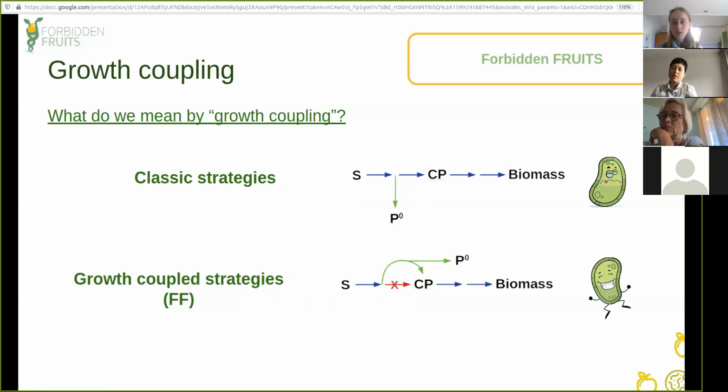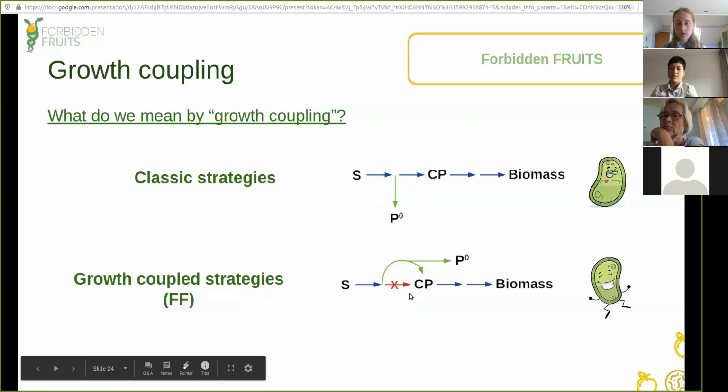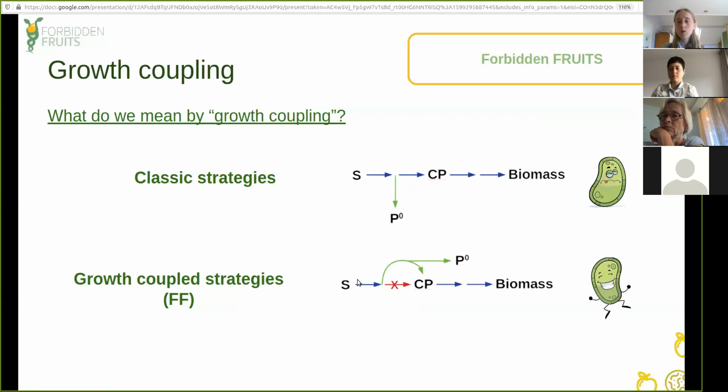Like if that's one pathway, like here, in the red arrow, we remove this red arrow, so the only way to make more of himself is also making the product. We force it. It can't take a different path to growing.